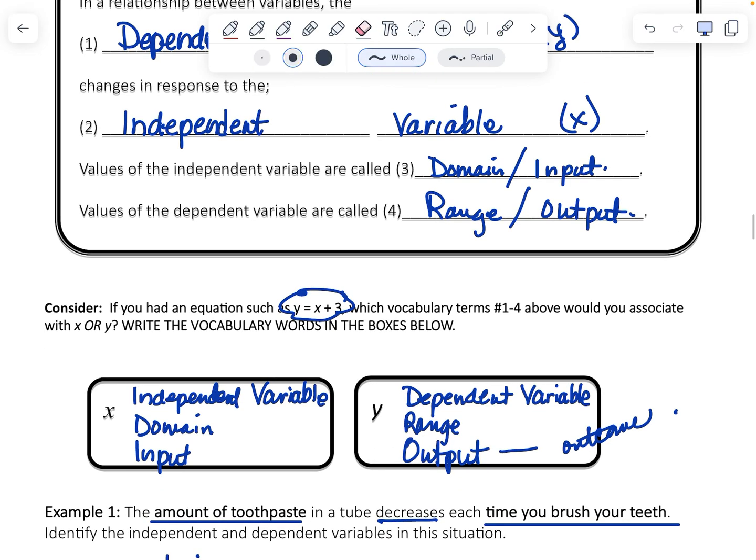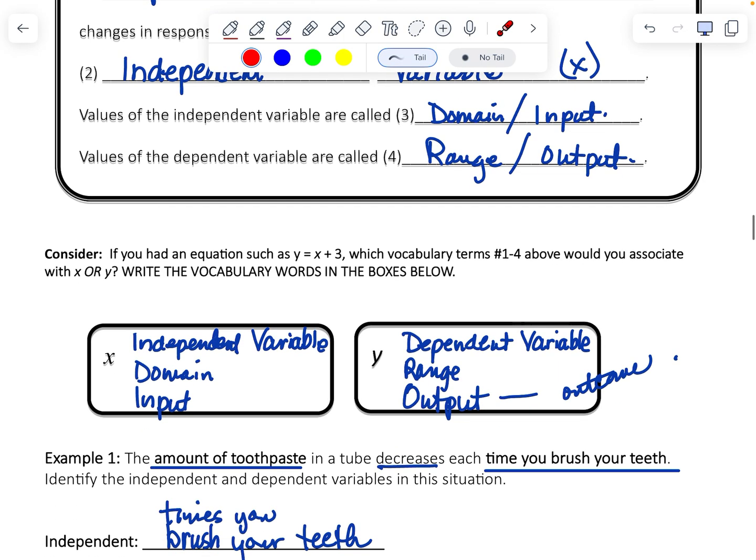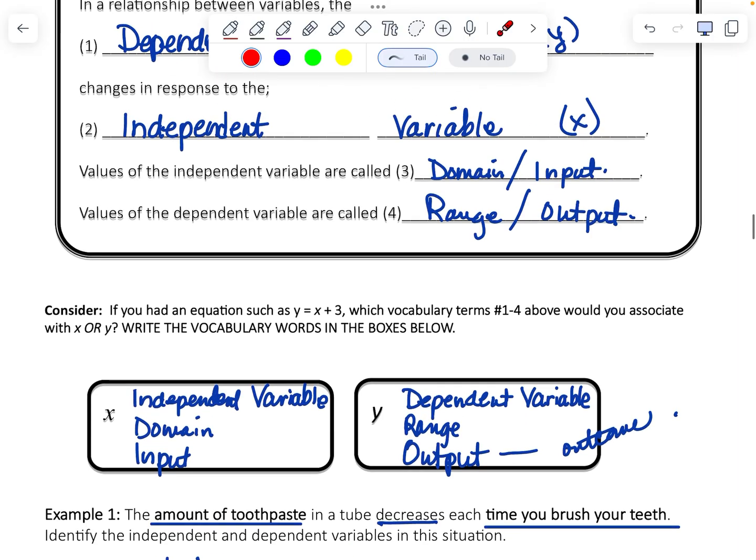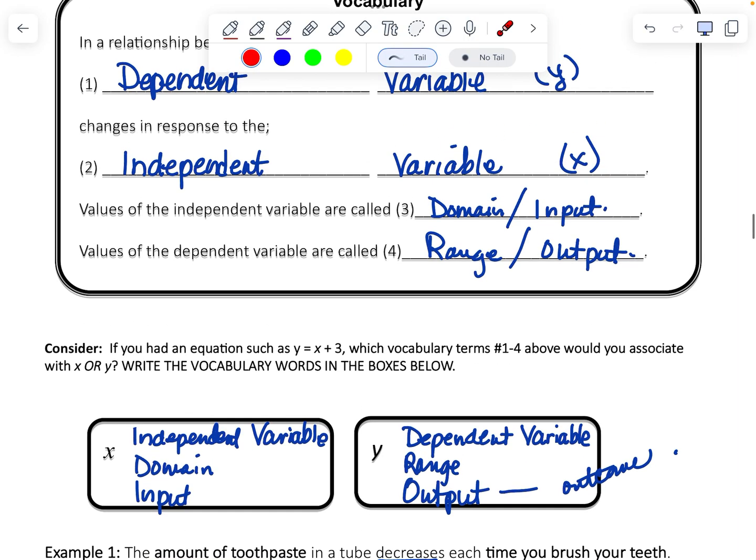So if we consider in this next example, we have an equation, y is equal to x plus 3, and in vocabulary terms 1 through 4 above, you associate one or two sets of those words above that mean kind of the same thing, but something a little different about it.